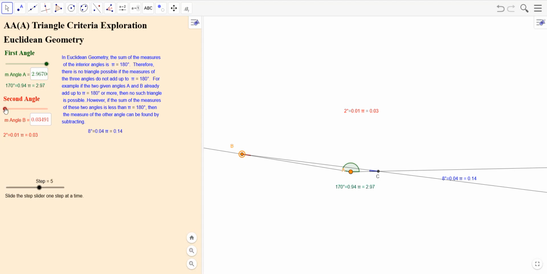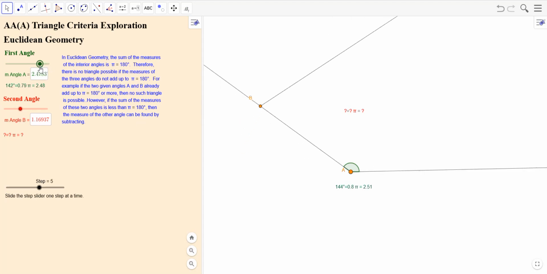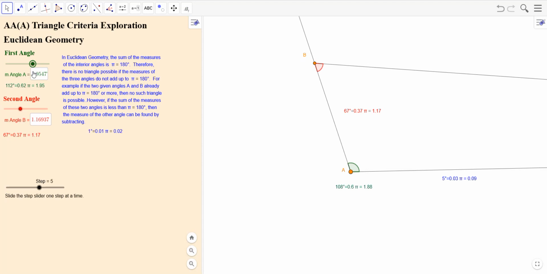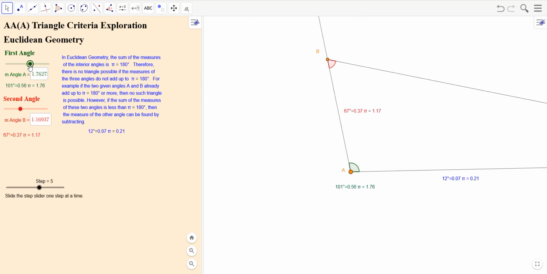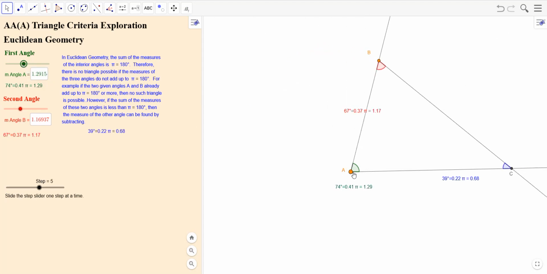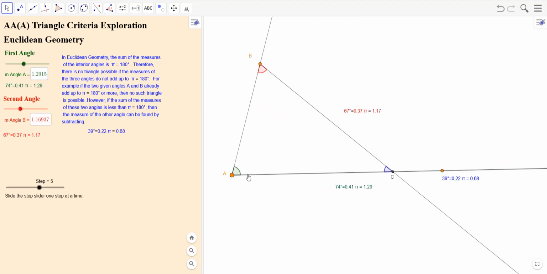If they add up to more than pi, then this ray is never going to meet that ray. And if they add up to exactly pi, those are actually parallel, and again, they're not going to meet. If it adds up to less than pi, yes, they will meet at some point.